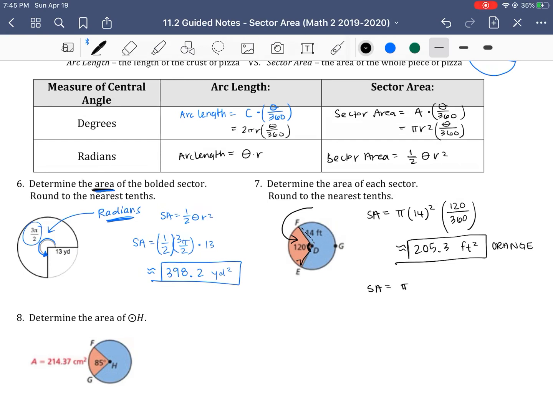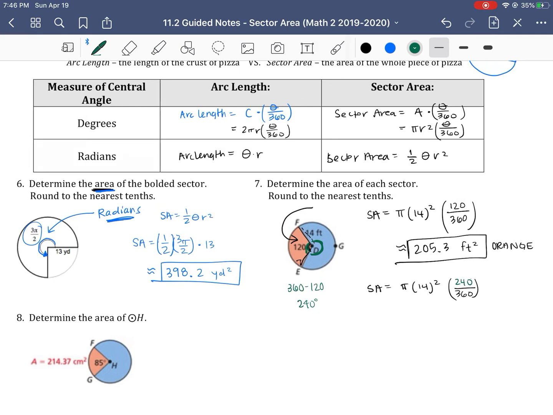If we think about it, the radius didn't change at all, so it's still pi r squared, and it's still out of 360, but we need to figure out what this angle for the blue section would be. So remember, a circle is 360 degrees, so if this piece over here is 120, then we take 360 minus 120, and that gives us 240 degrees.